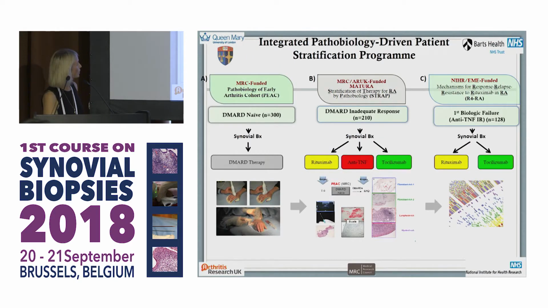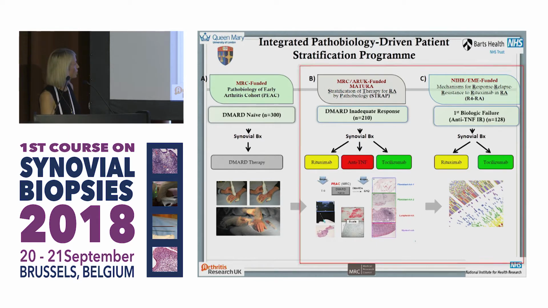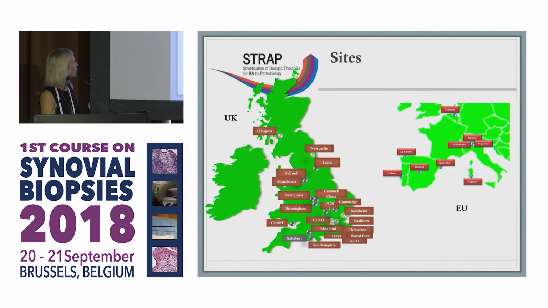We also have the STRAP study, which is again a biopsy-based study, but at an earlier disease stage for patients with rheumatoid arthritis who have a DMARD inadequate response. And patients are randomised to rituximab, etanercept or tocilizumab, and then followed for 12 months, again looking at response. We haven't finished this study yet. We're still looking for patients.